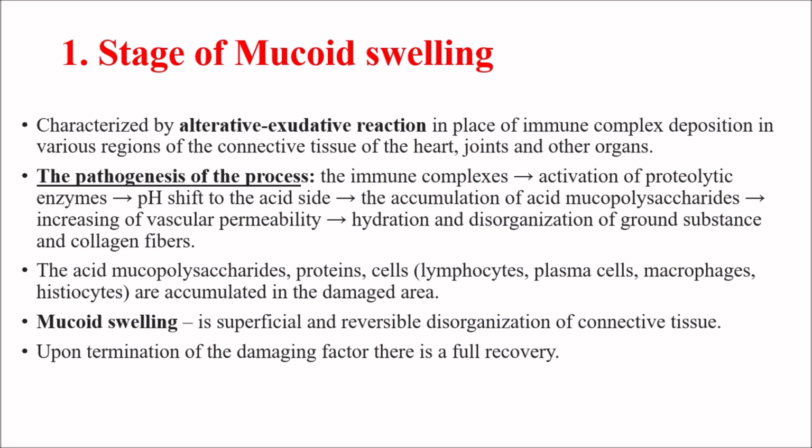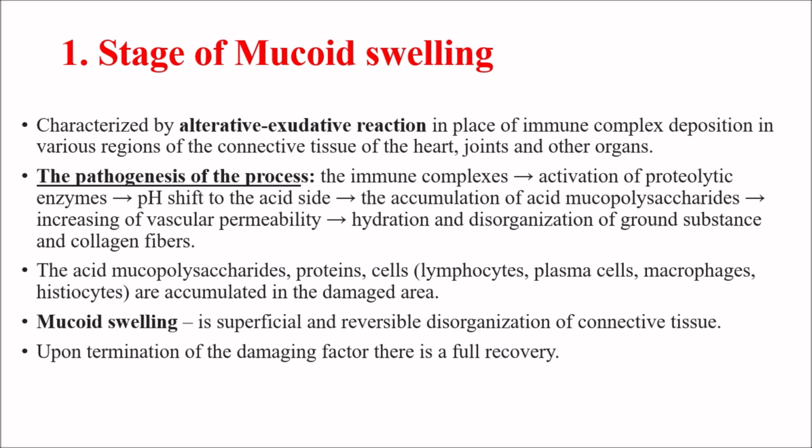When the vascular permeability increases, plasma leaks from the blood into the connective tissue, into the extracellular matrix, and affects the collagen fibers and the ground substance elements. They become swollen, but not damaged here.